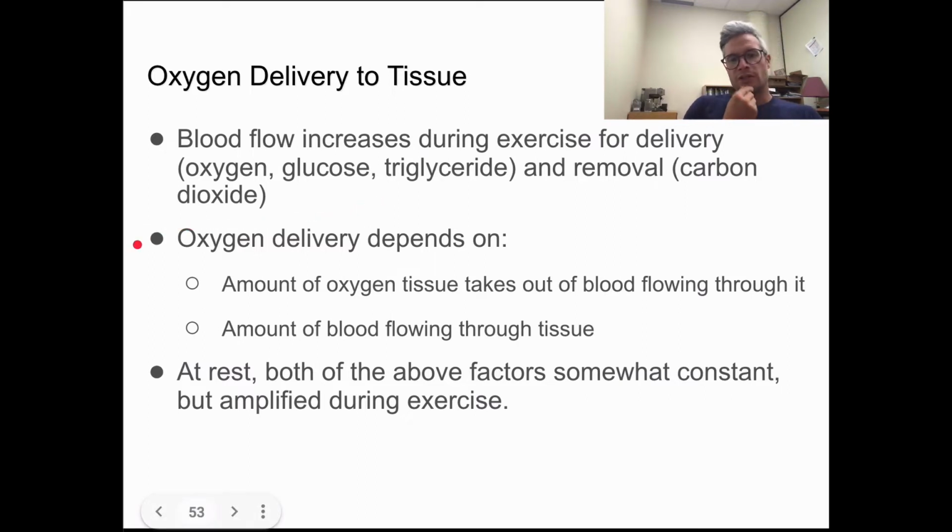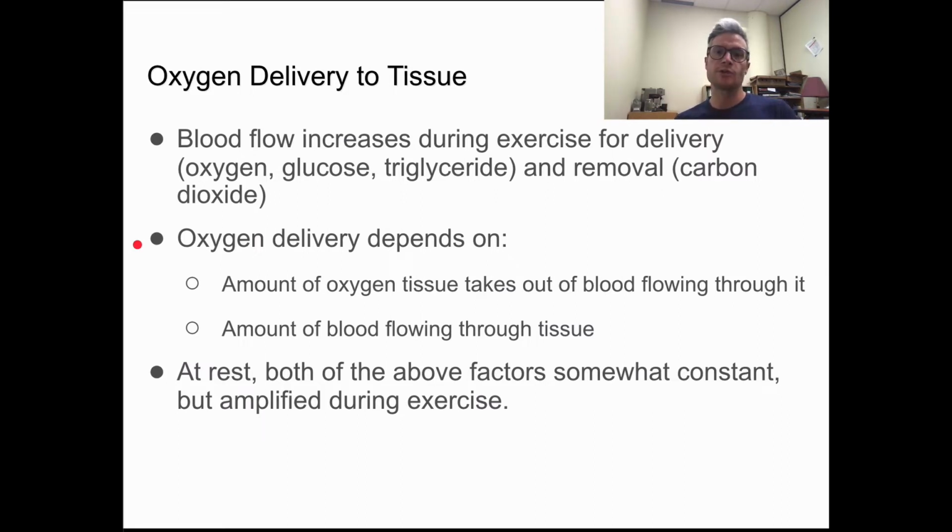The amount of oxygen that gets delivered depends on a couple of things. The first is how demanding the tissues, like working skeletal muscle, are of oxygen, so how much they pull out of the blood. The other is how much blood is actually flowing to that tissue.